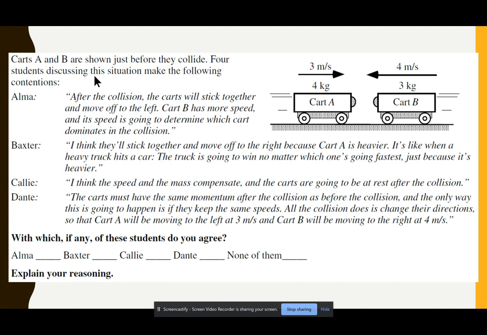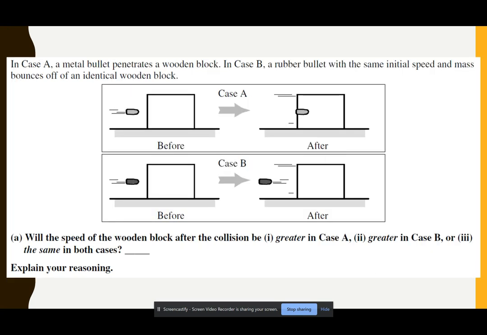So again, you're just thinking about your momentum 1, momentum 2. You make this 1, make this 2, equals, and then if they stick together, you're going to be doing that.